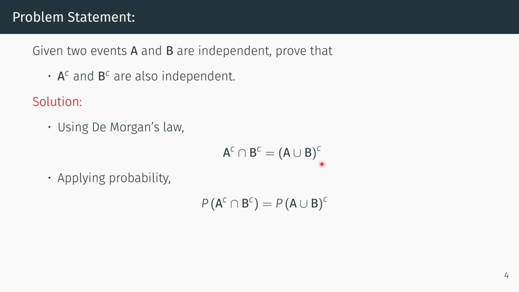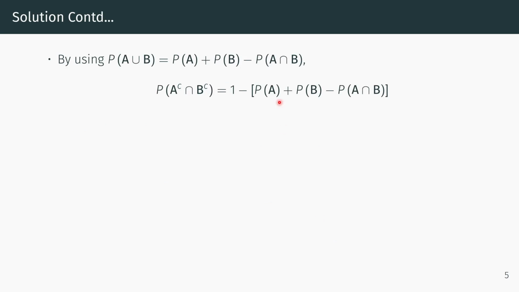Now if you take the probabilities, what will happen? We get probability of A complement intersection B complement is the same as probability of A union B whole complement. But using the property of probability, we get probability of A union B whole complement is the same as 1 minus probability of A union B. So let us substitute the expanded equation of probability of A union B in the result which we obtained before.